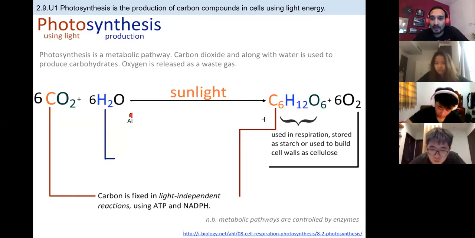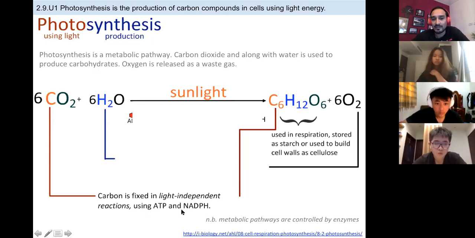We're going to break down every part along the way of this process. SLs, you don't necessarily need to know about NADPH or the details about using ATP. This is an HL detail.